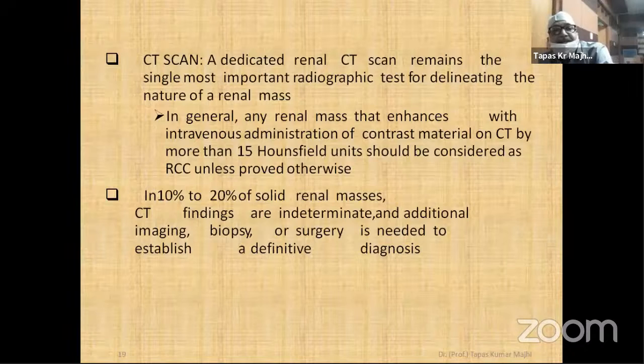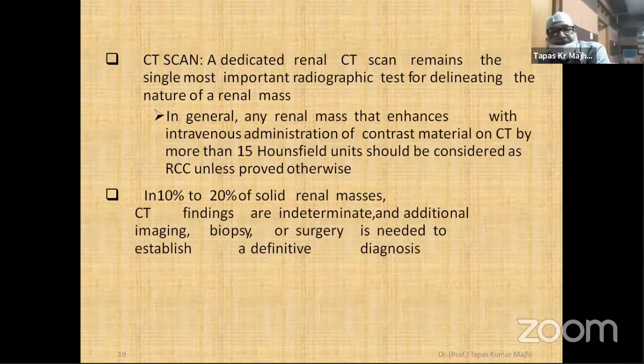CT scan: a dedicated renal CT scan remains the single most important radiographic test for delineating the nature of a renal mass. In general, any renal mass that enhances with intravenous contrast material on CT scan by more than 15 Hounsfield units should be considered RCC unless proven otherwise.